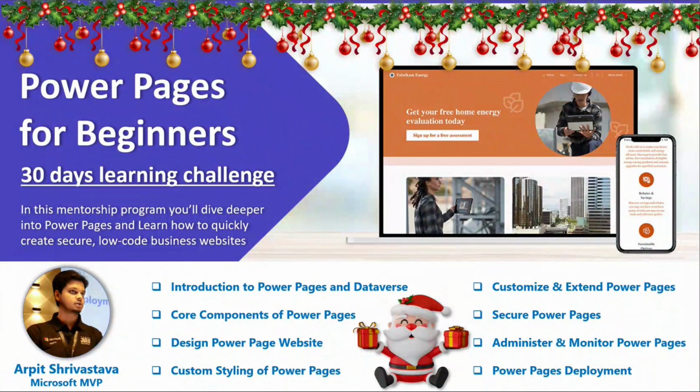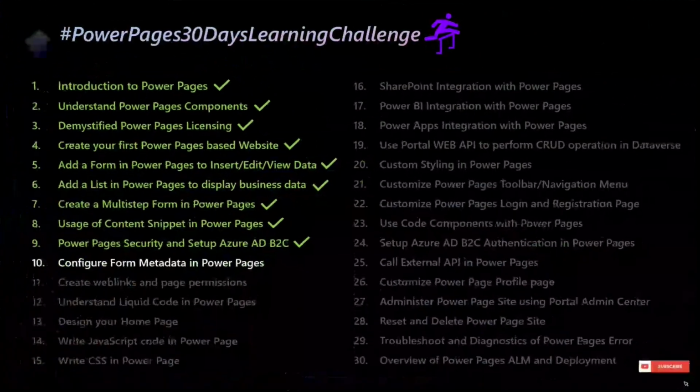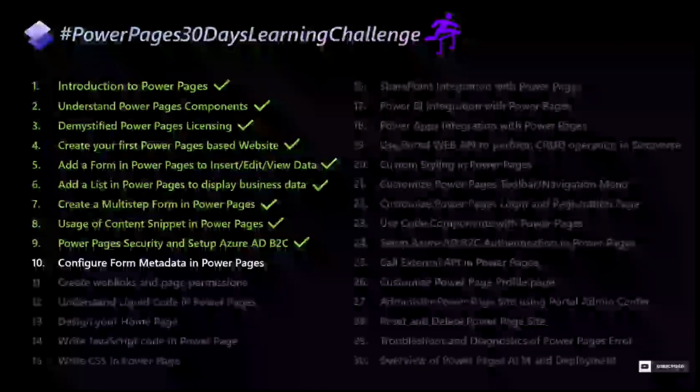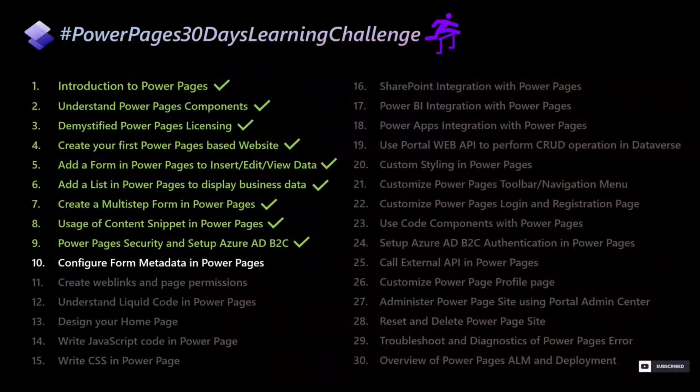If we have a look at a quick recap of what we have learned so far: we learned the Power Pages basic introduction, where we discussed the fundamental concepts, the life cycle of the portal, the history of this portal, and the basic components of the Power Apps portals.